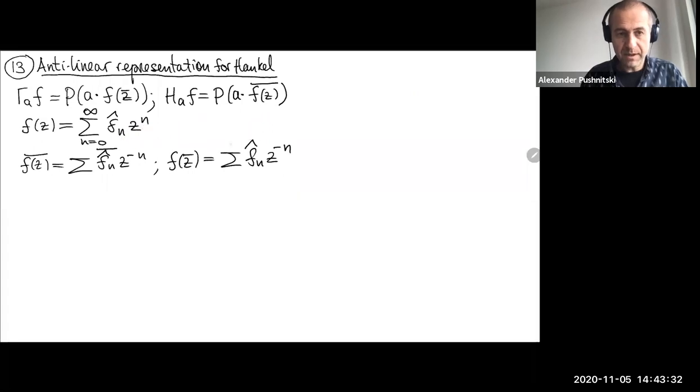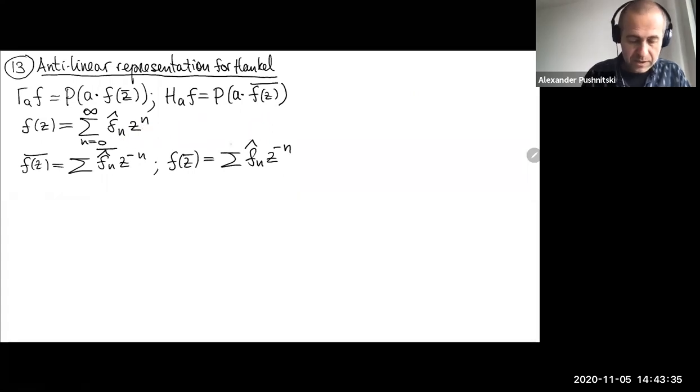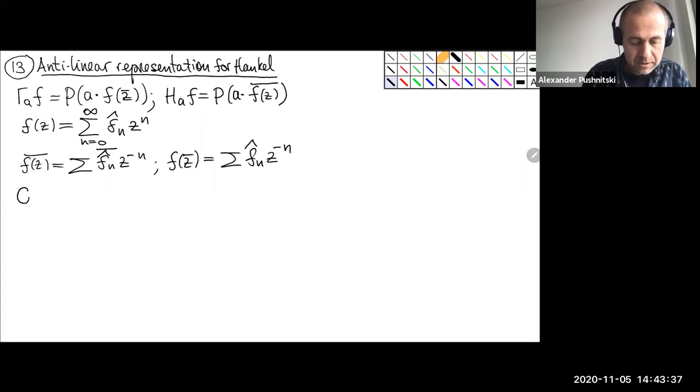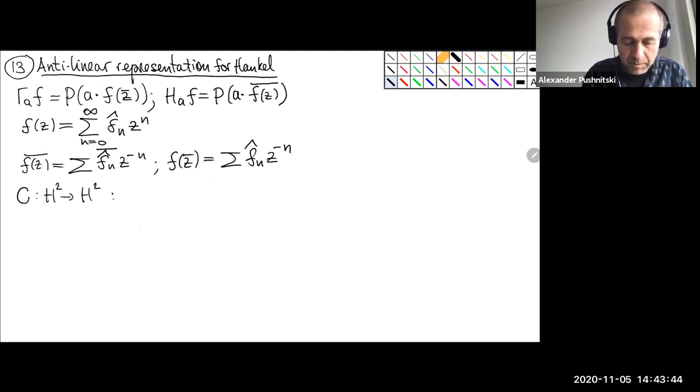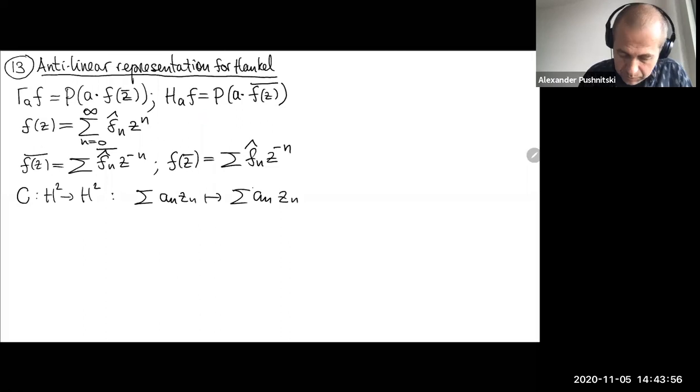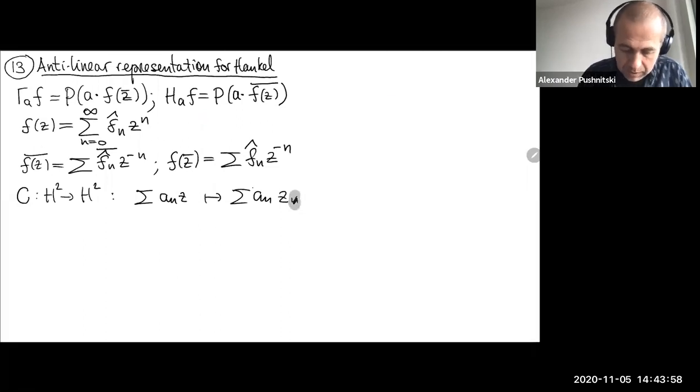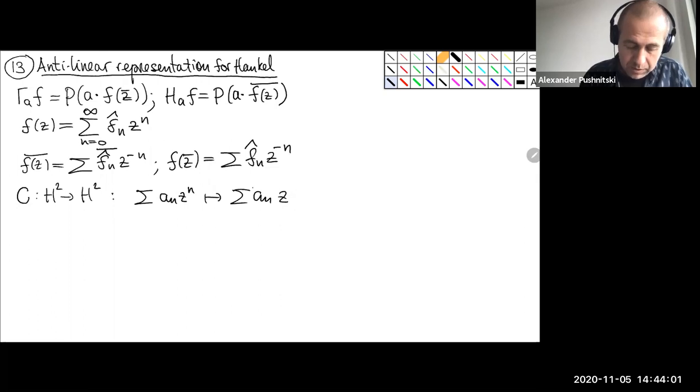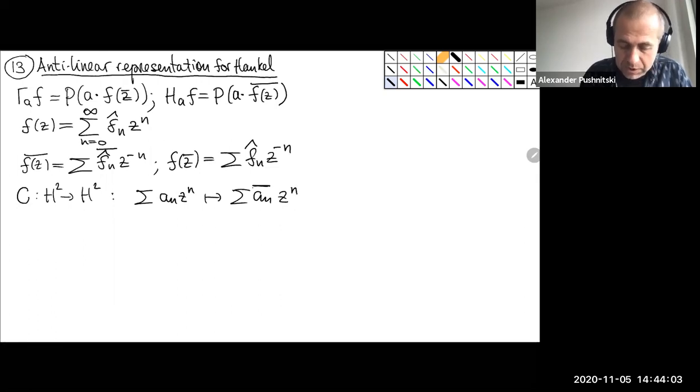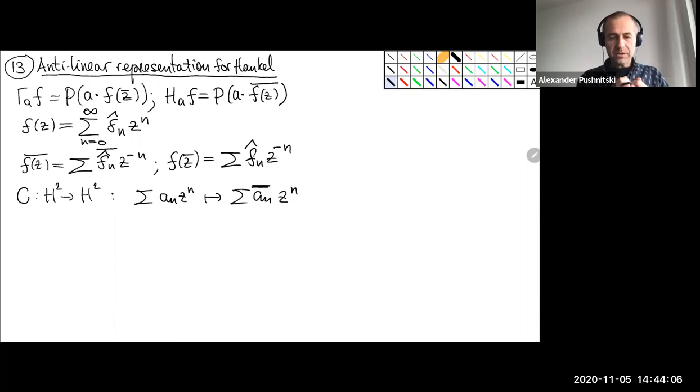Okay, so in other words, if you define an antilinear operator, script C, on a Hardy class, which just acts as z^n maps to z^n, which just gives you complex conjugation on coefficients.